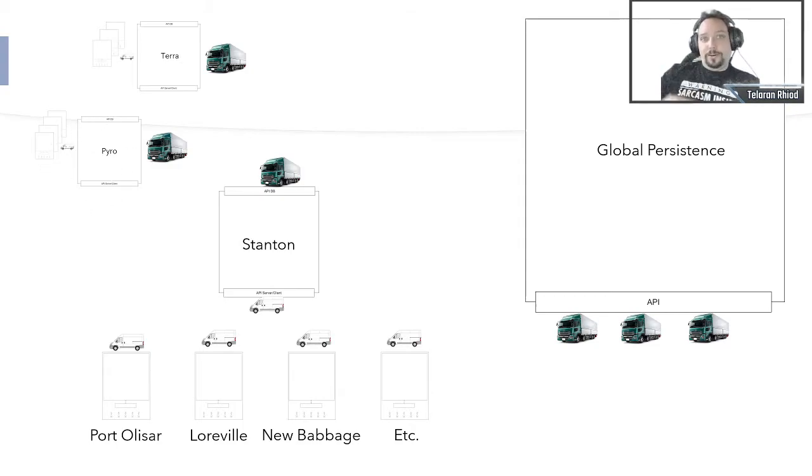And you can go a step further. You can say, okay, the iCache doesn't have to be system specific. Some systems maybe are so small that you can put several systems on one iCache, and some systems are so big that, for example, you have an iCache just for Port Olisar and Lorville. That can happen.